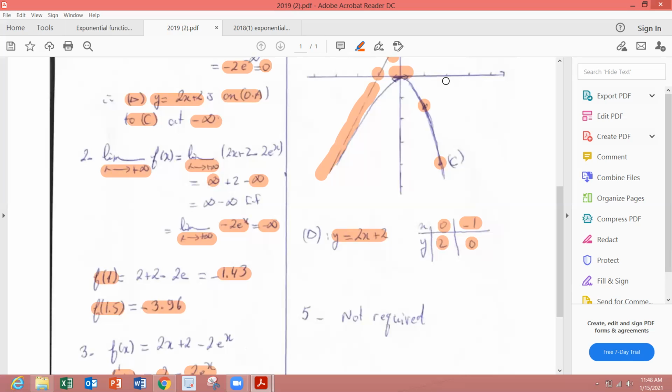It is always better to take particular points using the calculator, but here we have enough particular points.